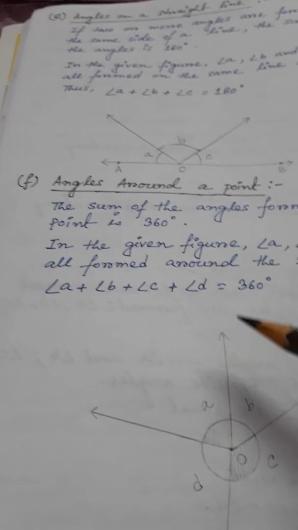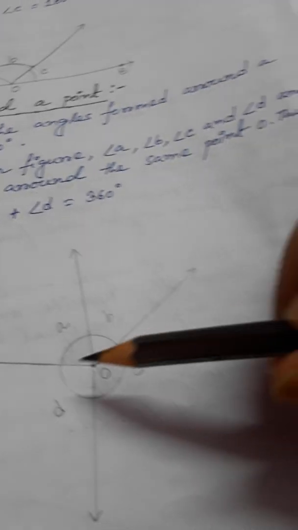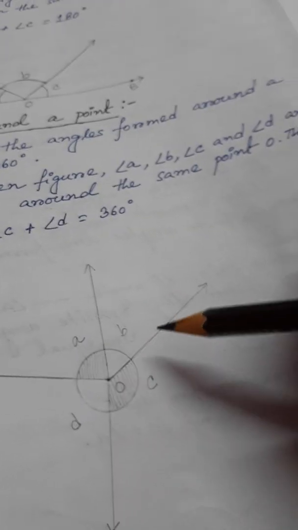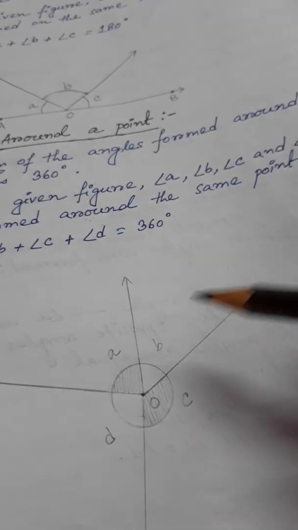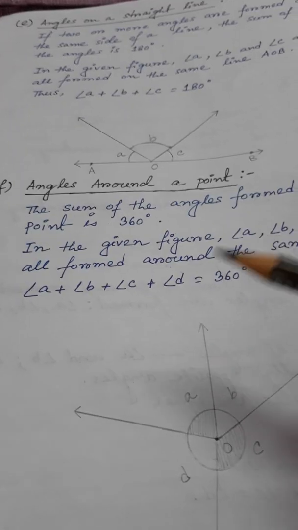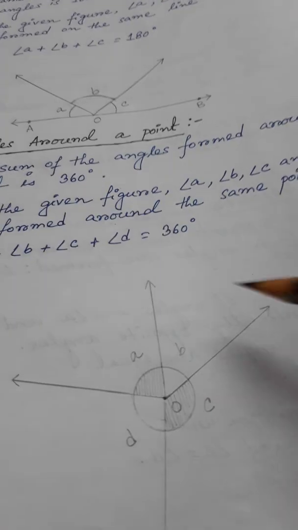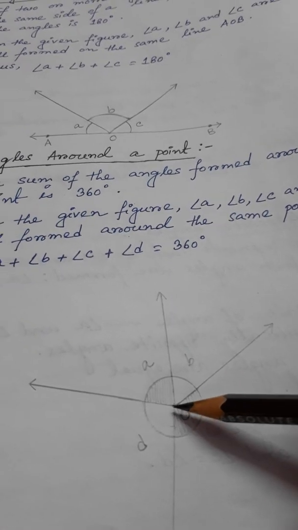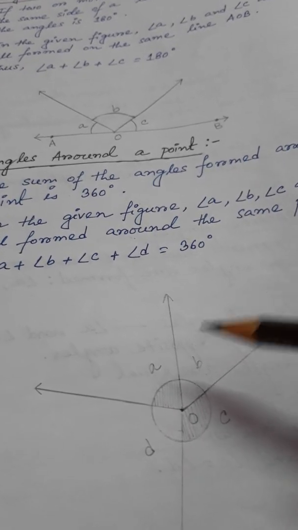In the given figure, angle A, angle B, angle C, angle D. When you add these four angles all around the same point O, you will get 360 degrees. So angle A plus angle B plus angle C plus angle D equals 360 degrees. The sum of angles formed around a point is 360 degrees.